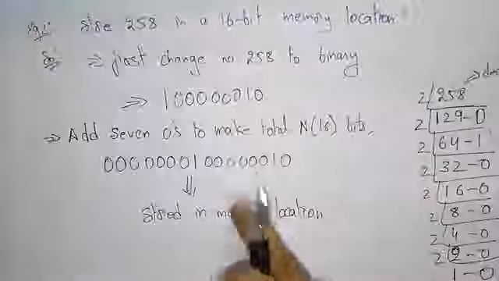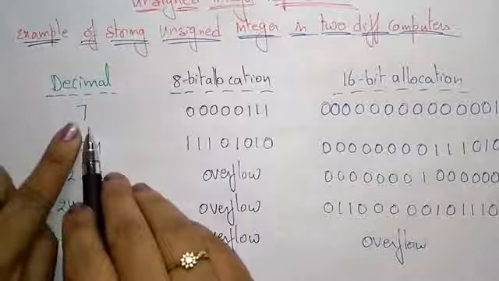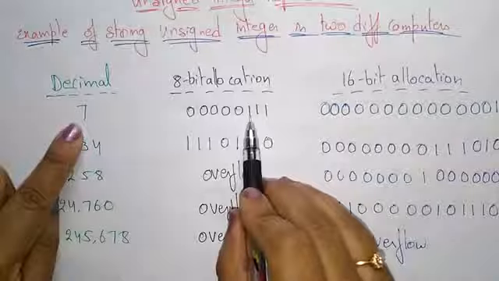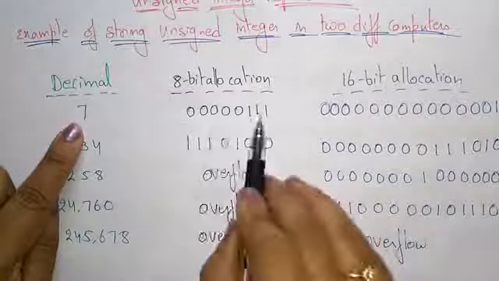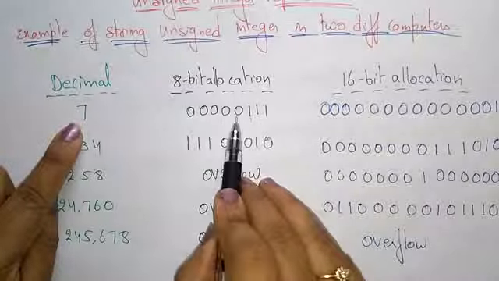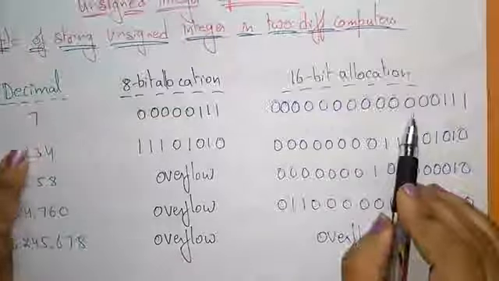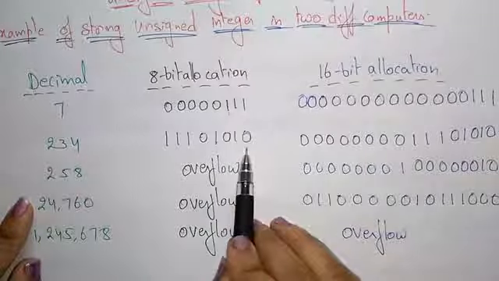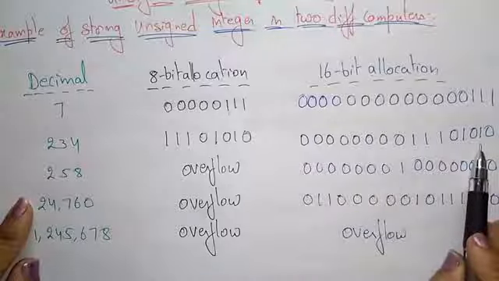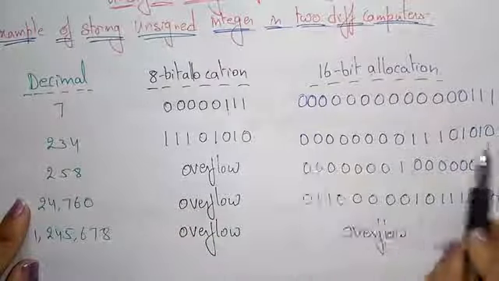For 7 in the 8-bit location, the binary number is 111. To store this in an 8-bit memory location, you have to add 5 zeros. For 16-bit you have to add 13 zeros. Likewise for 234, this is the binary number for 234, and this is the 16-bit binary number of 234 to store in a 16-bit allocation.